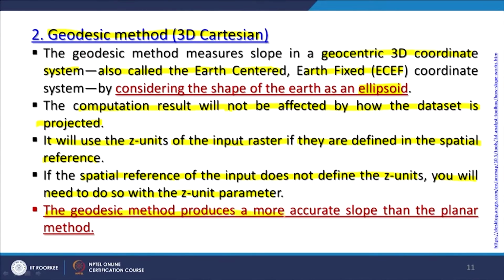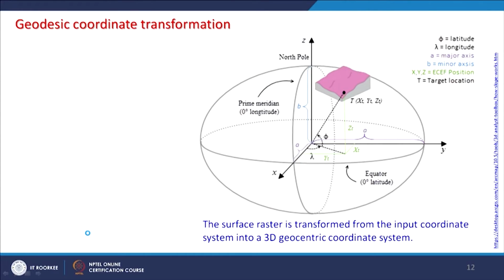However, if the elevation variations within a file are very high, you may get completely different results. It also matters how big an area is being represented, though the calculation is done using only a 3 by 3 matrix. So the geodesic method produces a more accurate slope compared to the planar method.